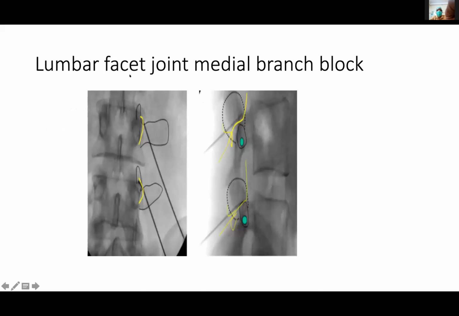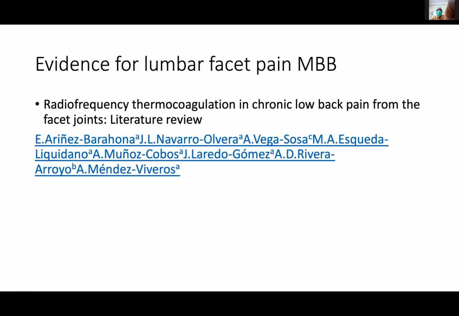So, like lumbar facet joint medial branch block, you put a needle at the junction of the superior articular process and the transverse process. If you can recognize the eye of the Scottie dog in the oblique view, there you do a diagnostic test, and if with 0.5 ml of diagnostic test the patient gets relief, then you go for the RF of the medial branch.